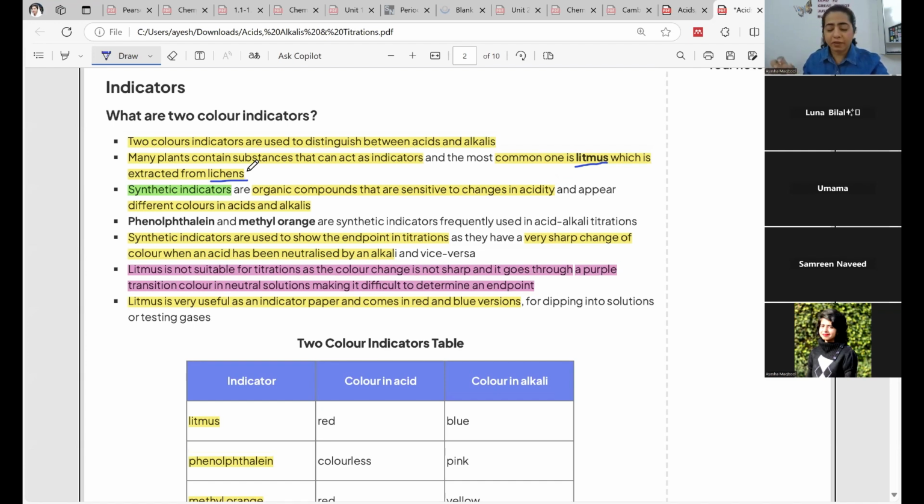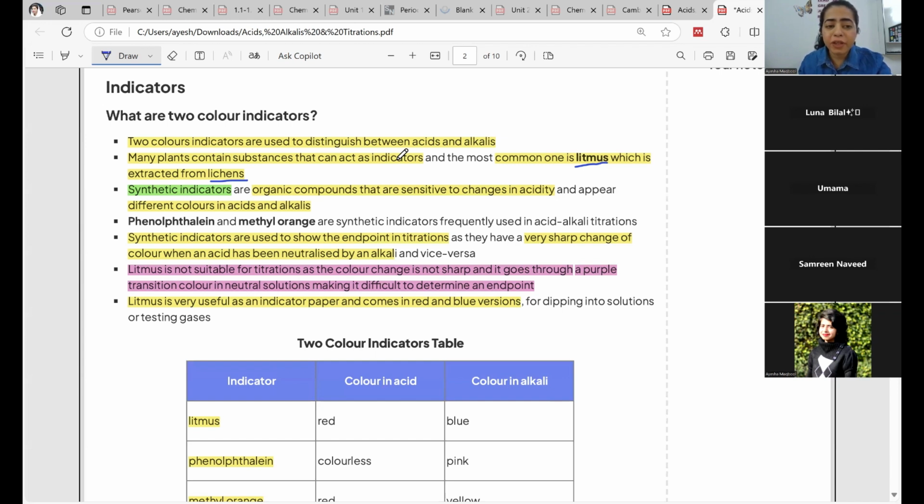If the soil is acidic, the flower color will be different. If the soil is neutral, the same plant gives a different flower color. If the soil is alkali, the same plant gives a different color again. So flower color changes according to the pH of the soil. Plants are basically the best indicators to identify acids and alkalis.